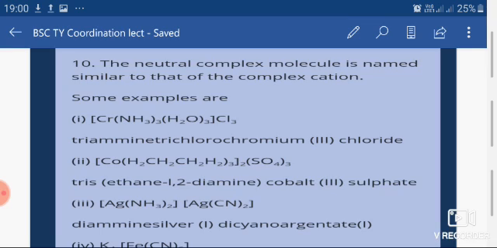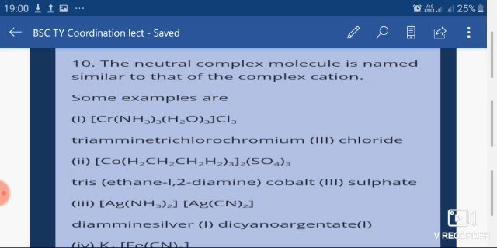See, there are two ligands, and we must consider the alphabetical order, so triamine will come first, triamine, triaqua, chromium(III) chloride. This is the name of this complex.